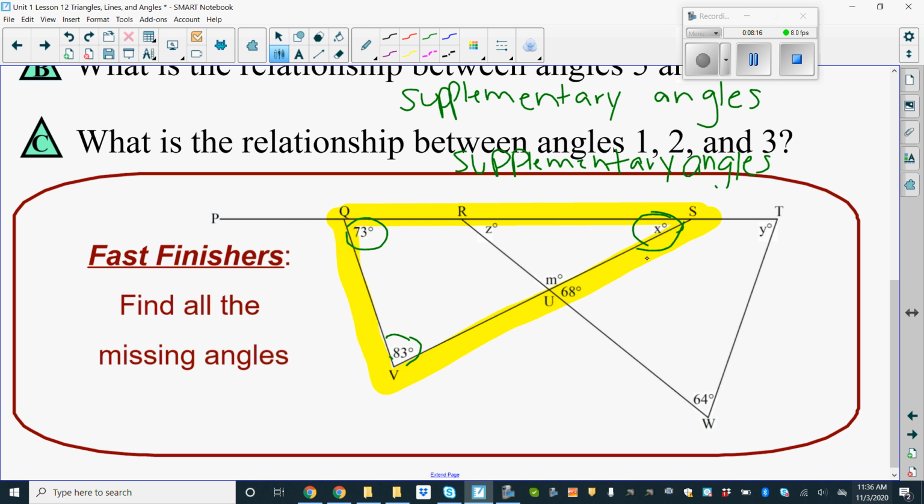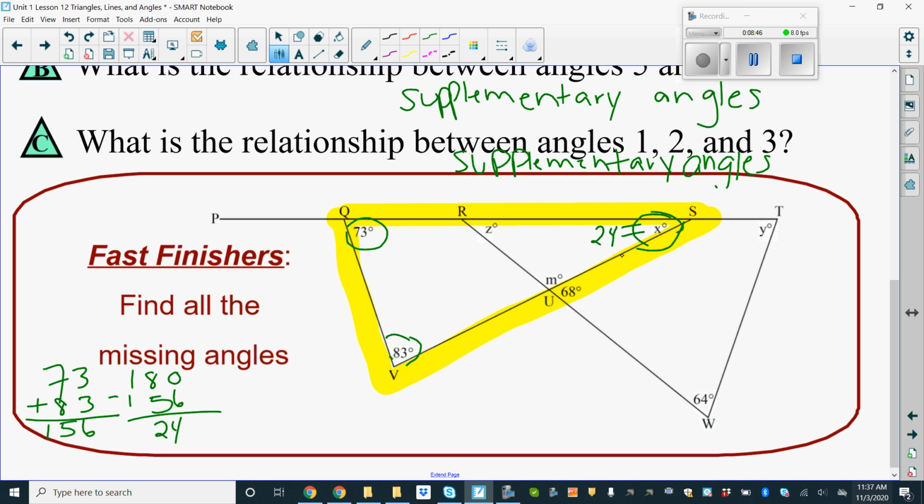Since we have to solve for x, we know that a triangle equals 180 degrees. First we add up 73 plus 83, and we get 156. Now we take the total amount of a triangle, 180 minus 156, and we get 24. So right off the bat, we have solved that x is 24.